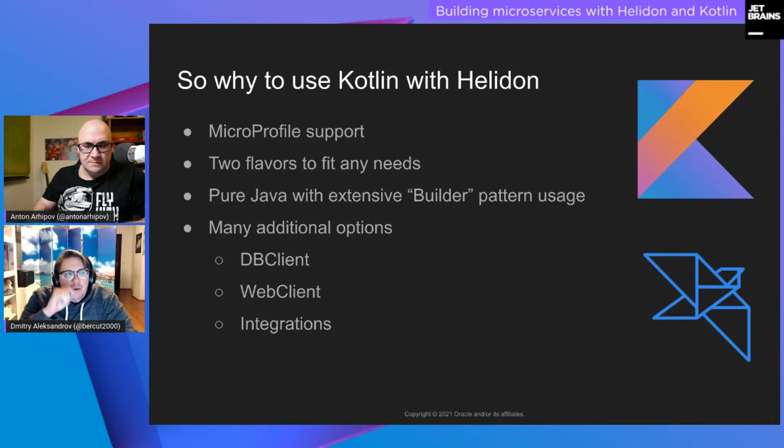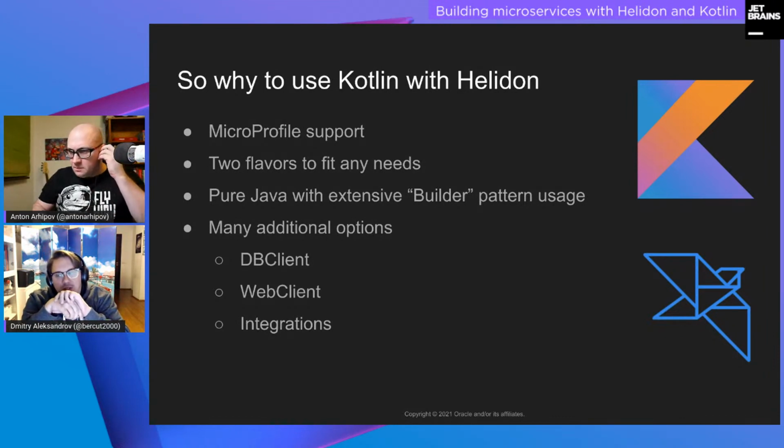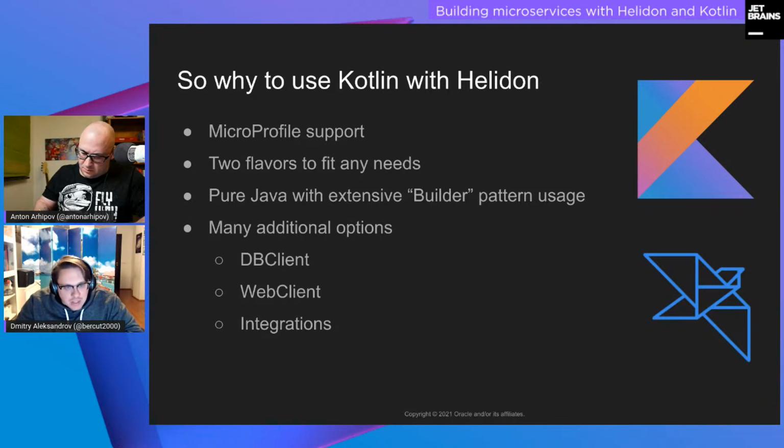Next thing, there are two flavors of Helidon. So once again, you always get this on rails, I would say, doing stuff with MicroProfile, and you have the possibility to get the backstage access to do everything reactive, and there you get all the specifications implemented for health, for metrics, for tracing, for fault tolerance.